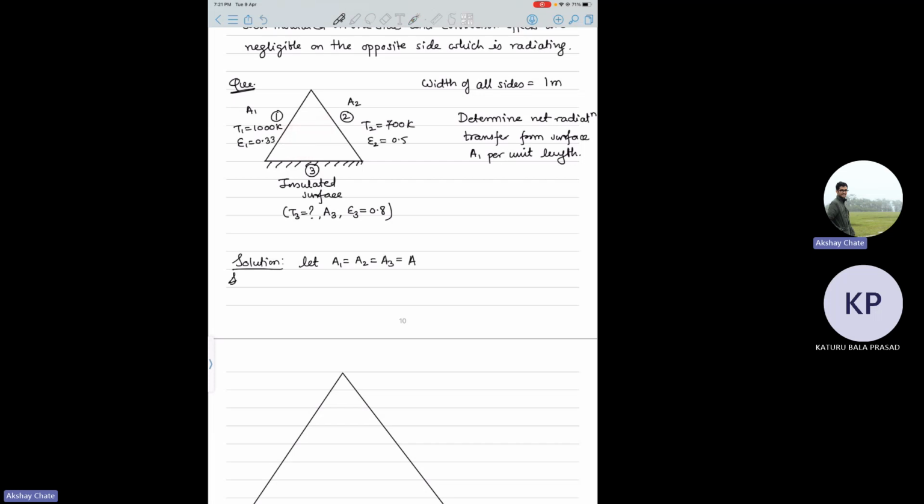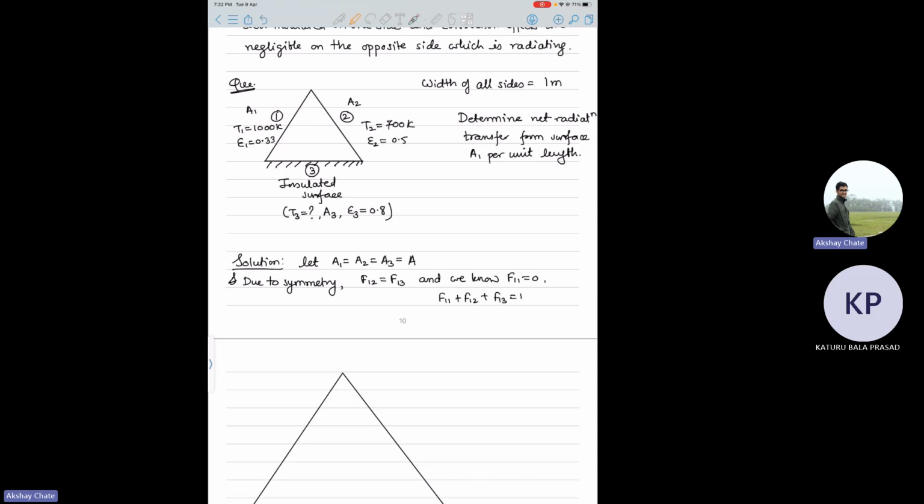Therefore, due to symmetry, F1 to 2 will be equal to F1 to 3. And we know F11 will be 0 because it's a flat surface. Another thing is F11 plus F12 plus F13 is equal to 1.